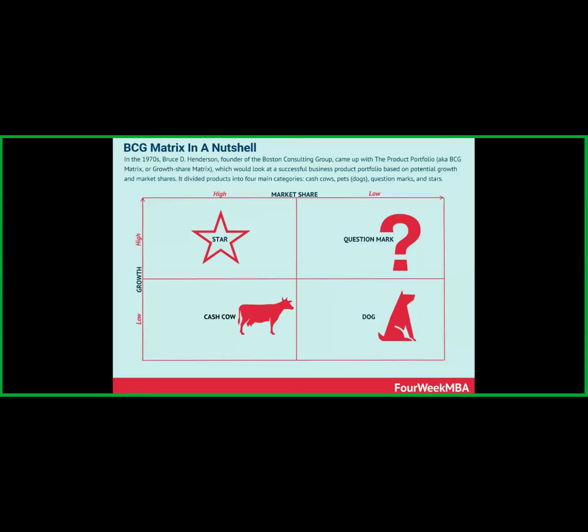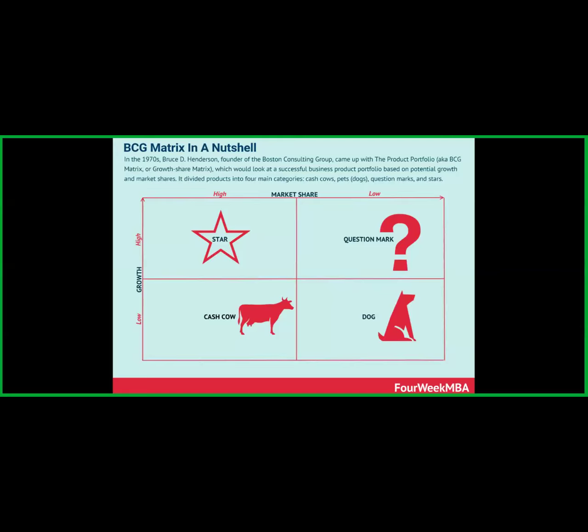Cash cow, again low is written, as well as growth written between star and cash cow. Then the last one is dog. How a company can analyze where it stands, that we are going to discuss with the help of the BCG matrix.